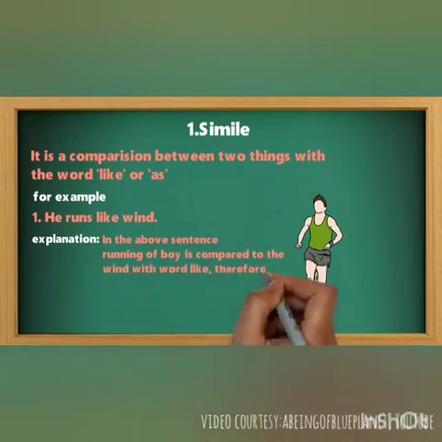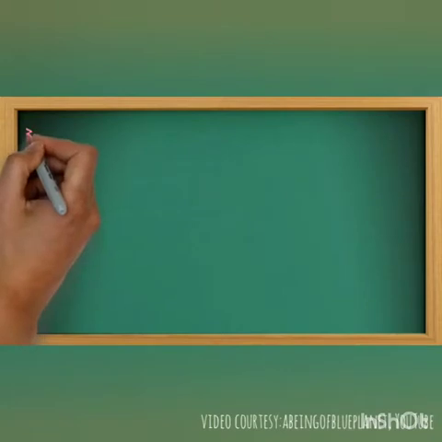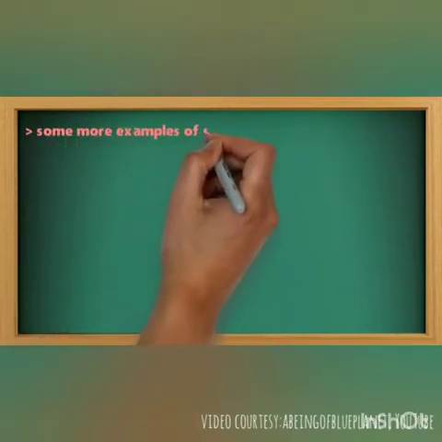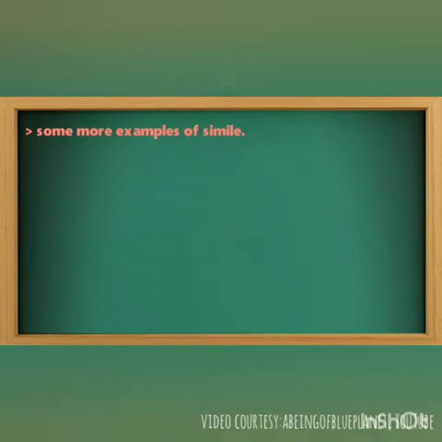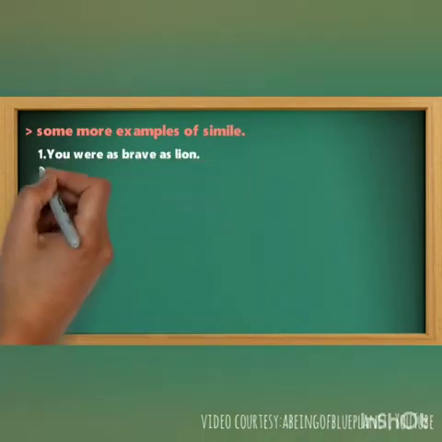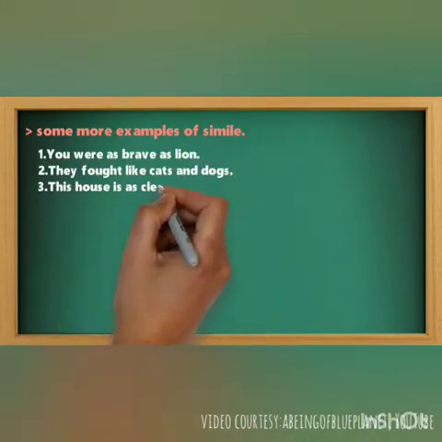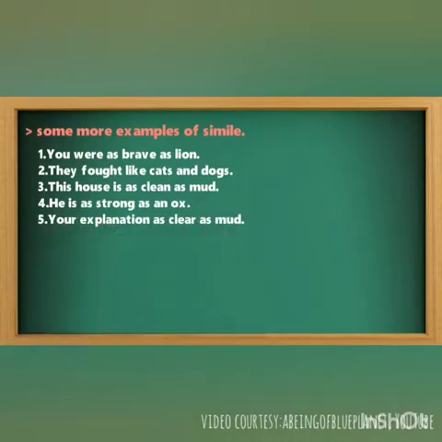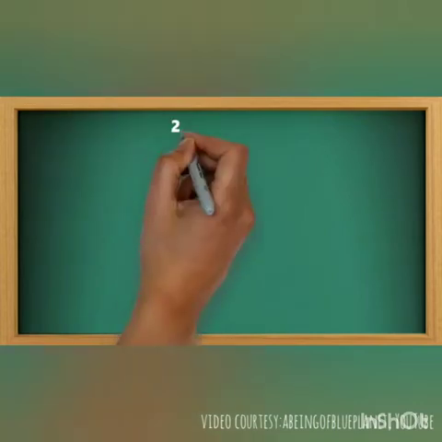Therefore, it is an example of a simile. Let's now discuss some more examples. If you study all these sentences, you can see the use of like or as in it. So that is simile. Now move on to the next one, metaphor.